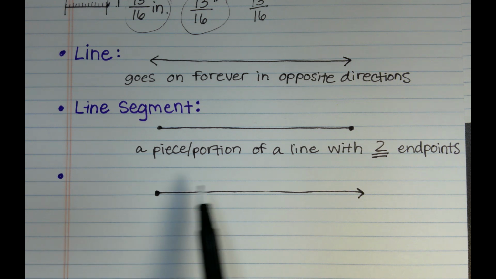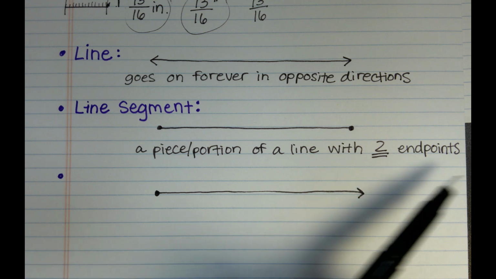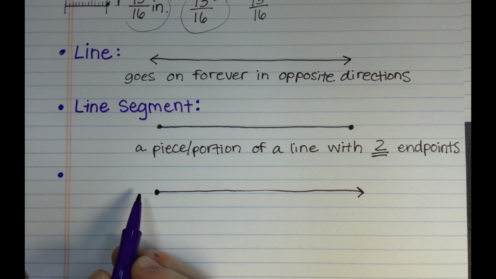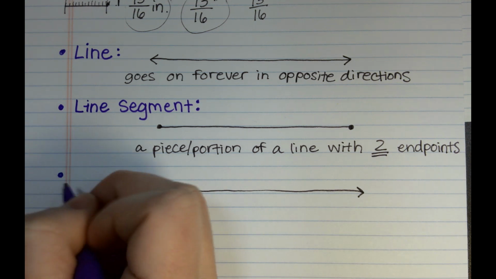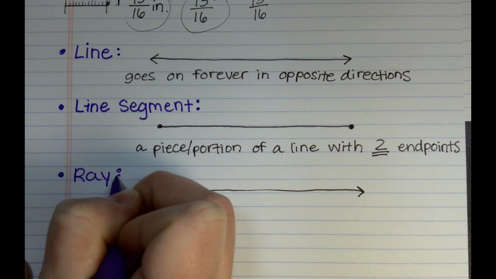It has one endpoint, and then the other side goes on forever, never ends. This is called a ray, R-A-Y.